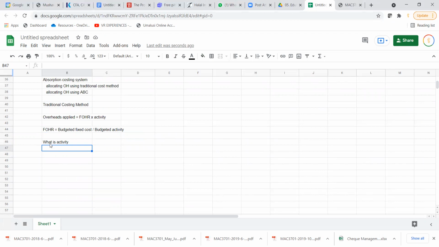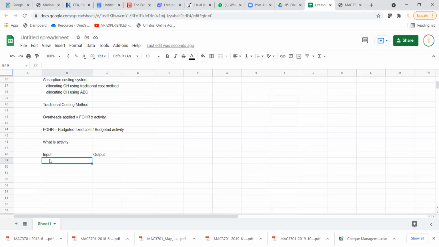Activity is broken up into two things: either an input or an output. So an activity can either be an input or an output. What is activity? Activity is the base that you use to allocate overheads.